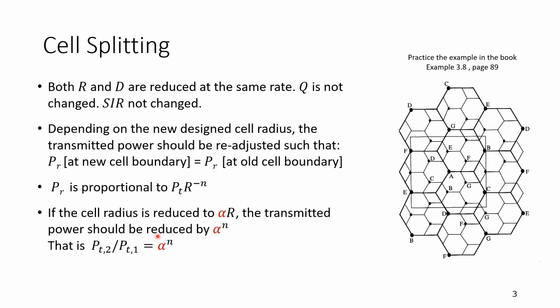So the ratio between the original transmitted power before microcell splitting and after should be alpha raised to power n. So if alpha is 0.5 and n is equal to 2, we need 1/4, because n is the path loss exponent and we have changed the distance, so it's a function of n and alpha.